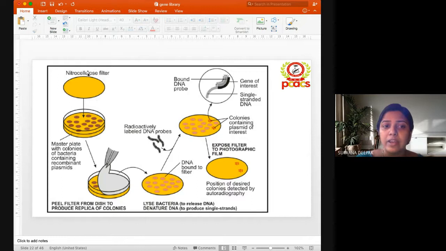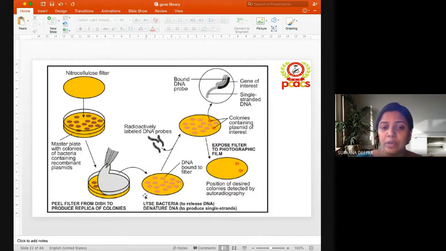So you have your nitrocellulose membrane. This is the master plate, which carries the colonies of bacteria expected to carry your recombinant plasmids. Your nitrocellulose membrane has to be placed on this. So the colonies from this petri plate will get transferred onto the nitrocellulose membrane.